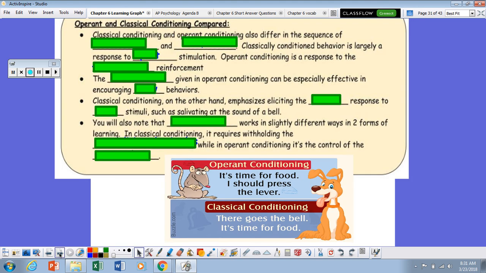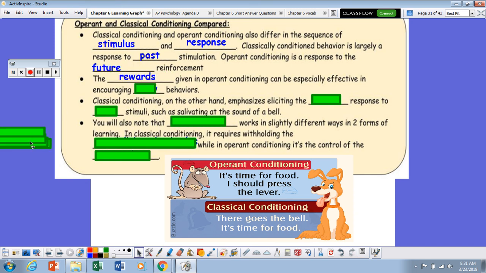All right, let's talk a little bit about the comparison of operant and classical conditioning. Operant and classical conditioning differ in the sequences of stimulus and response. Classically conditioned behavior is largely a response to past stimulation, whereas operant conditioning is typically looking at future reinforcement. The rewards given in operant conditioning can be especially effective in encouraging new behaviors.